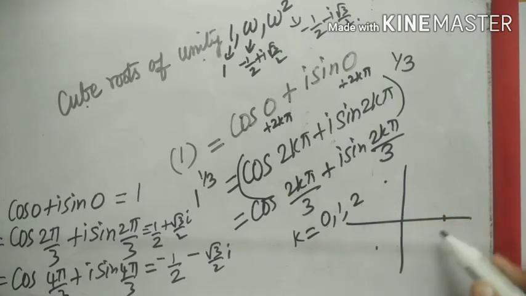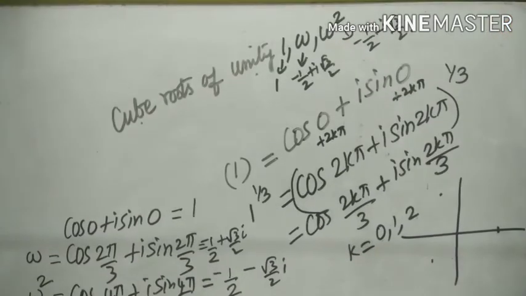If I join them, they all represent an equilateral triangle. So cube roots of unity represent an equilateral triangle, with the vertices on a unit circle. These are the ideas that we have to remember for cube roots of unity.